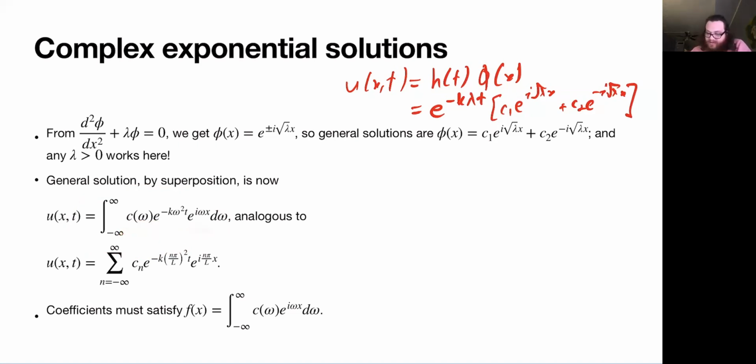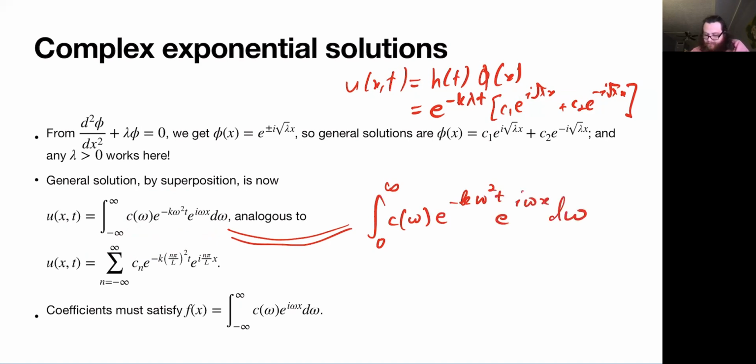Keep in mind that here we have plus and minus square root lambda, which is omega. So technically, when we're doing the superposition, what we're working with is the integral from 0 to infinity of c of omega e to the minus k omega squared t e to the i omega x d omega. That's just summing up over these positive pieces.